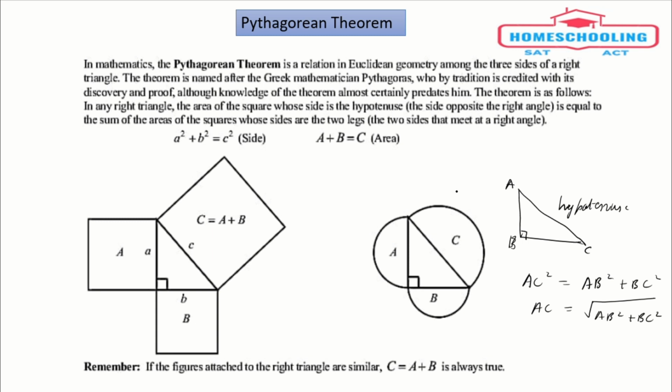the Pythagoras theorem is not about the square of the sides. It's about the area of a square. Let me show you what I'm trying to say. So this is your right triangle here, and if we draw a square on all three sides, this is your hypotenuse.